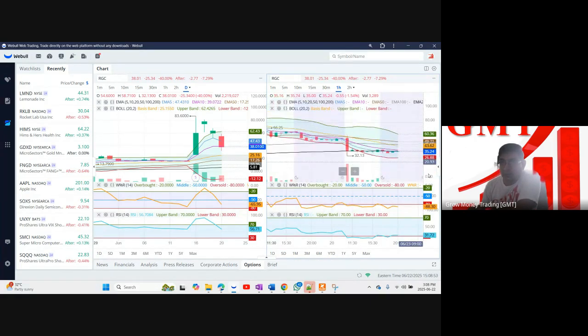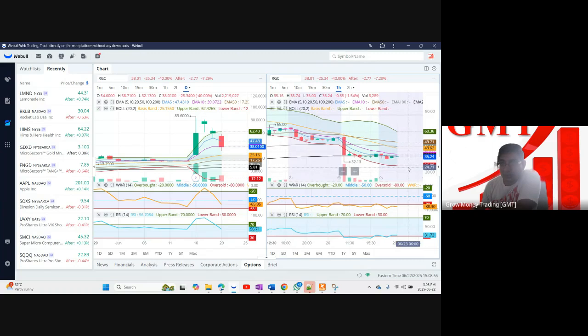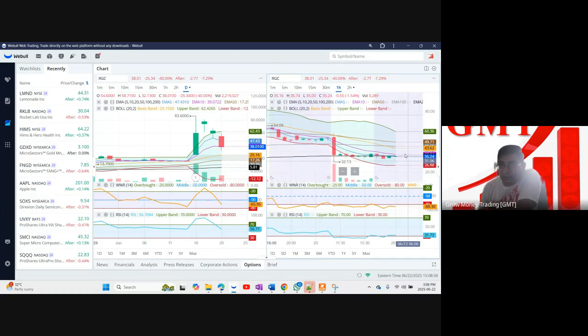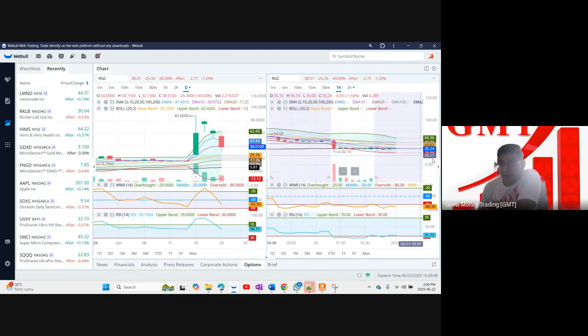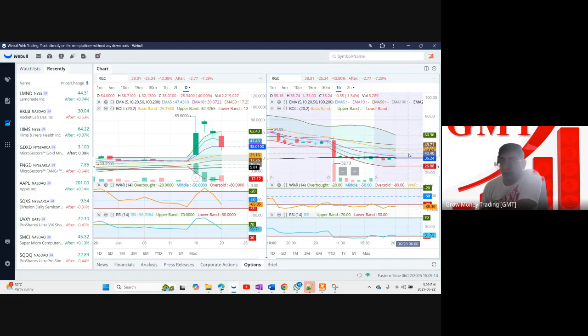Okay, so on a 1 hour chart, the EMA here is at 43.62 or at 45 here. The mid Bollinger Band is 43.62. So you can set your target at above 43.62 or 43.60 to exit from the position.